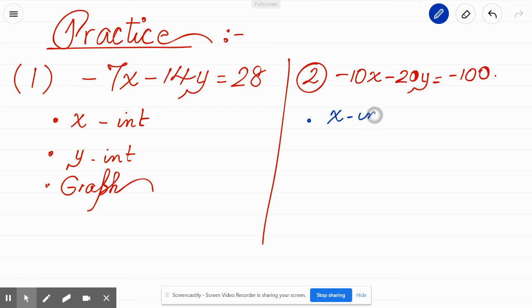Same thing here, x-intercept, y-intercept, and graph the function.